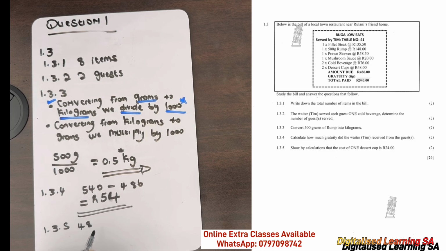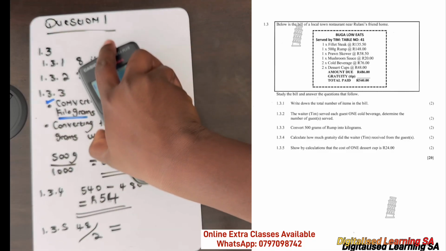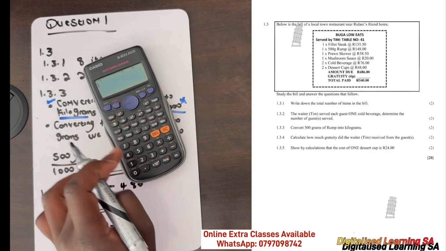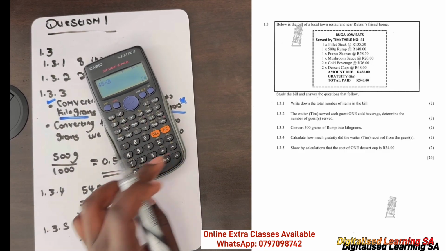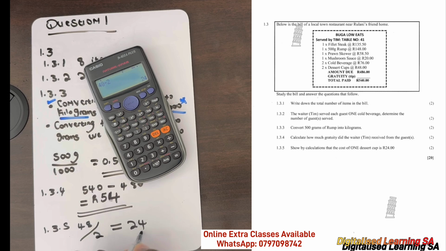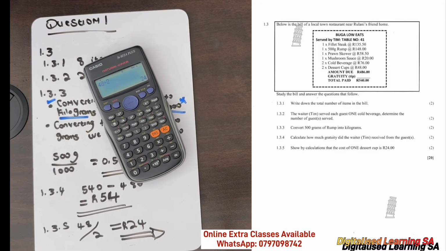So if we want to check how much one costs, we just divide by 2, because we are told that 2 dozen cups cost 48 rand. So we say 48 divided by 2, and our answer will be 24 rand. And that answers question 1.3.5.